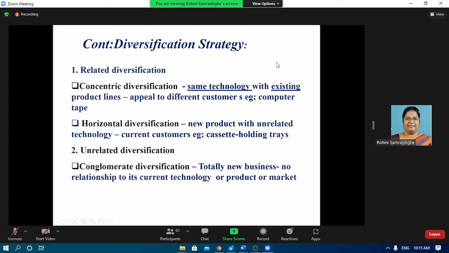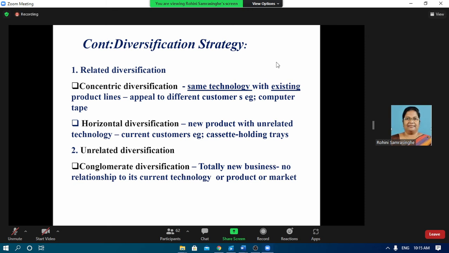When considering this, if we take Nestle Maggi noodles as an example, right? They extended to Maggi soup, Maggi ketchups, and maybe sauce. Likewise, they introduce different products using the same technology, adding to the existing product line. Then they try to introduce more products.